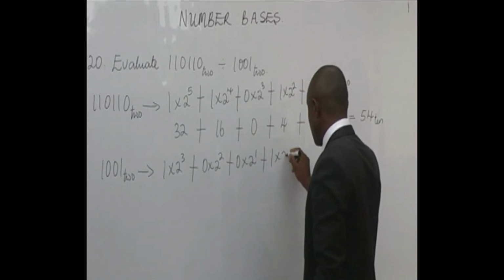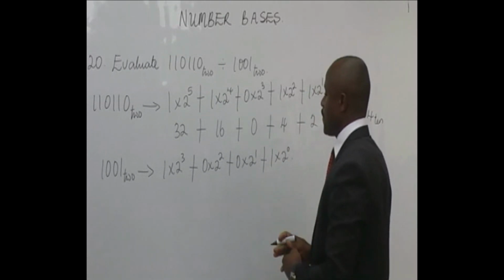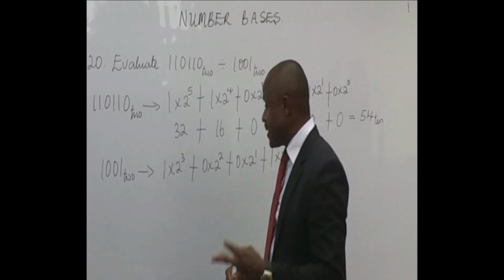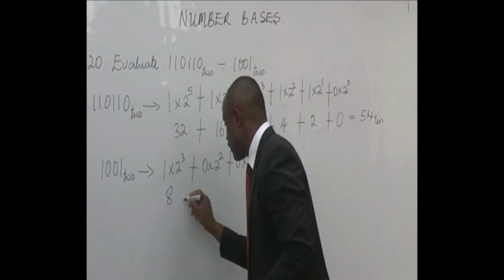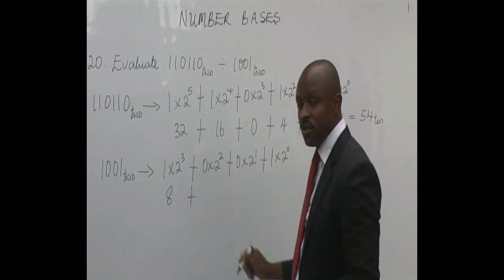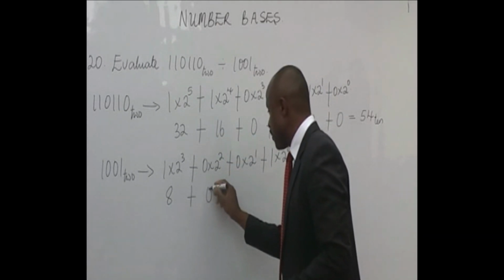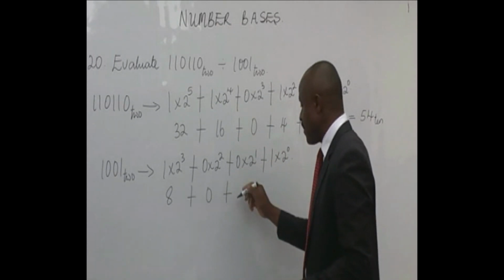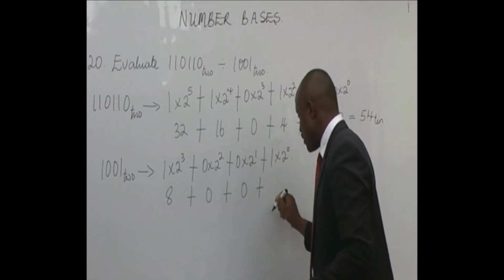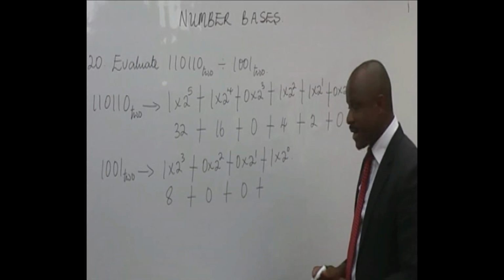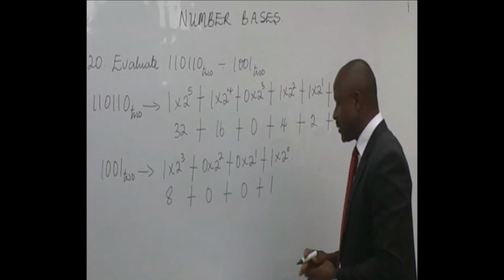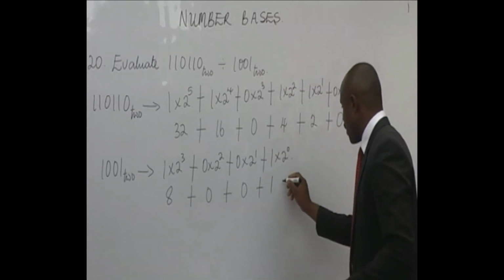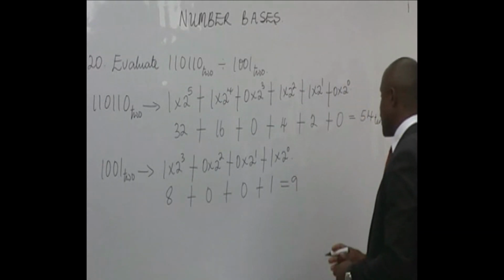Plus 1 times 2 exponent 0. 2 times 2 times 2 is 8. Times 1 will give you 8. Plus 2 times 2 is 4, 4 times 0 is 0. Plus 2 exponent 1 is 2, times 0 is 0. Plus 2 exponent 0 is 1. 1 times 1 will give you 1. 1 plus 0 plus 0 plus 8 will give you 9. So this is equal to 9.